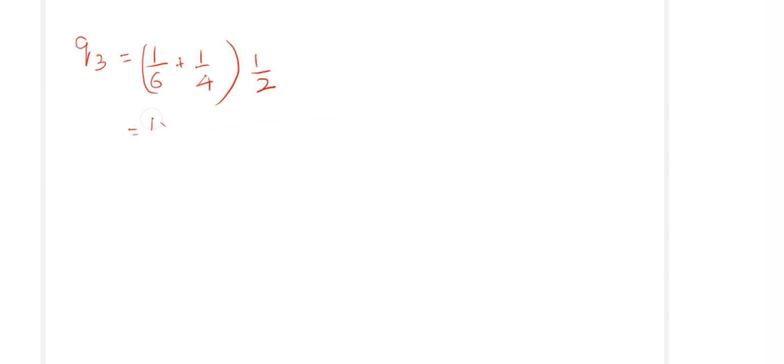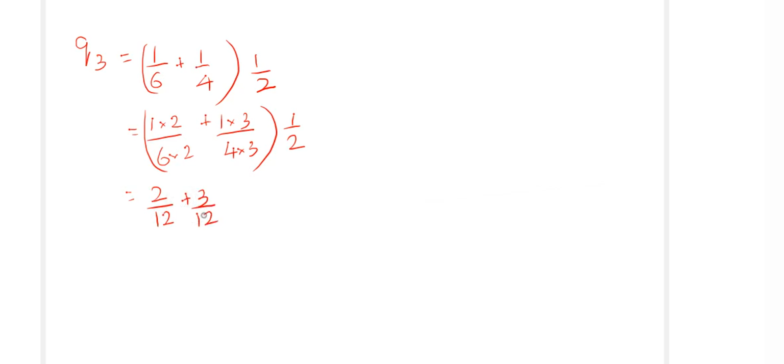So we have 1 into 2 by 6 into 2 plus 1 into 3 by 4 into 3, into 1 by 2. So it is 2 by 12 plus 3 by 12, into 1 by 2. That is nothing but 5 by 12 into 1 by 2. So it is 5 by 24.